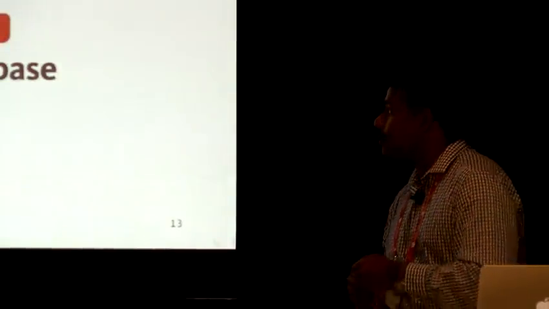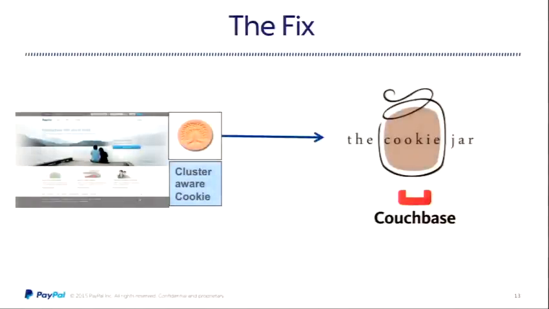So the obvious solution for this would be to migrate these cookies to the server side. That way we don't need to change any of the applications. So to kill all the cookies from the user's browser, we introduced a new cookie. This new cookie is a bit different from the existing ones. It's an indirection to your document at the server side. So all the cookies at your browser get migrated to the server side.